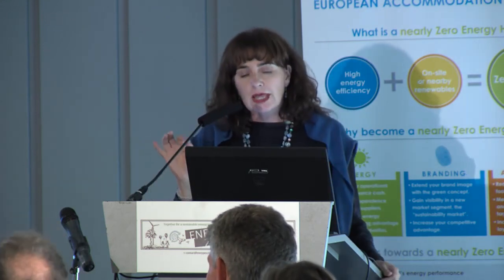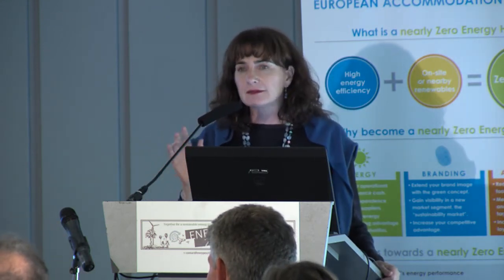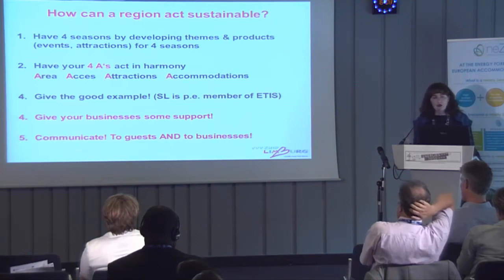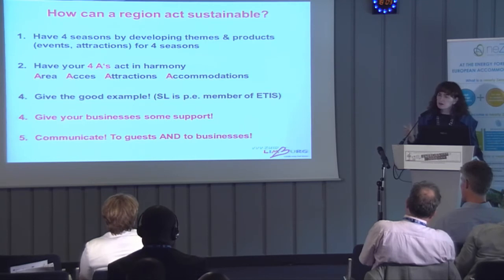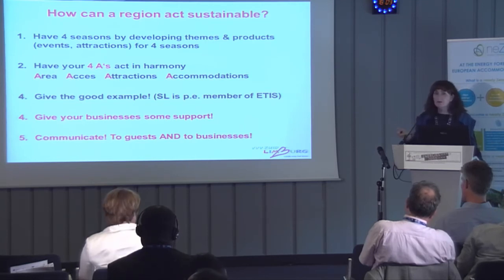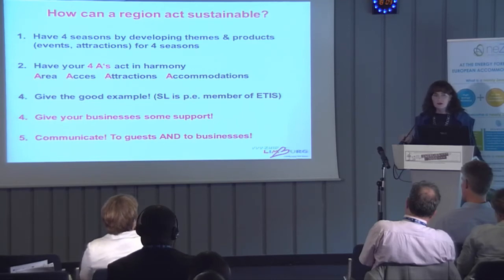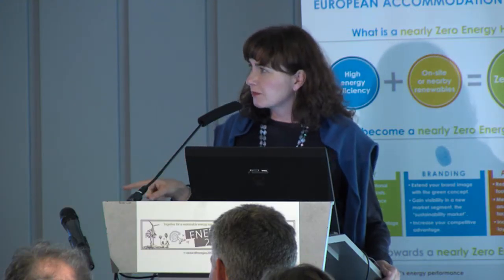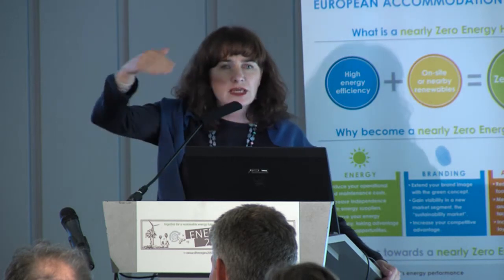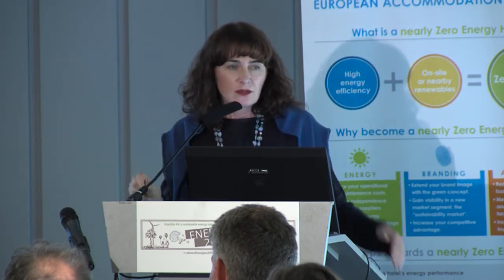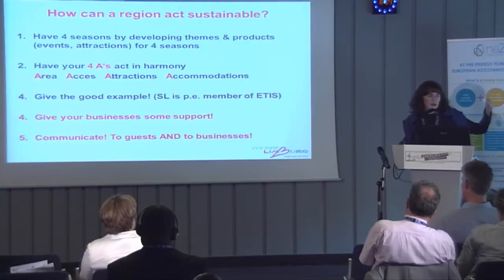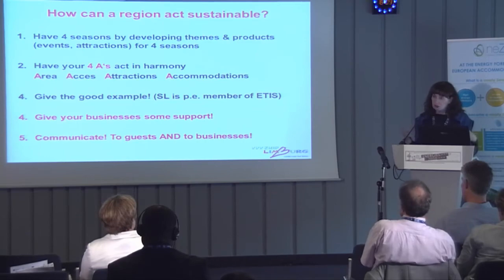Then as a region, have your 4 A's act in harmony. The A of an area. We do not, for example, and that looks a little bit strange, in our special landscape we do not want to have windmills there, because we think they industrialize our landscape. They take away the feeling of being in full nature. That's a choice. We have in Holland our windmills on industrial sites, not there where tourism is made. It's a choice.